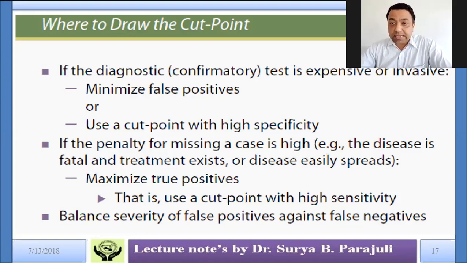So a 90% sensitivity test means you can still miss one case of COVID-19, because this is our limitation. We can't do anything.